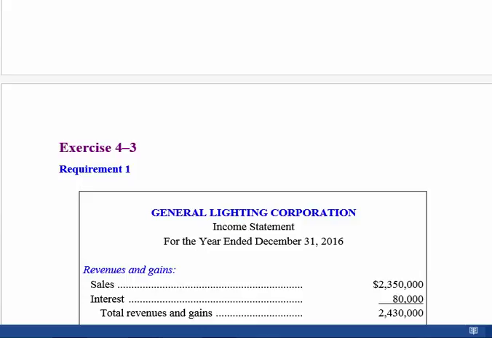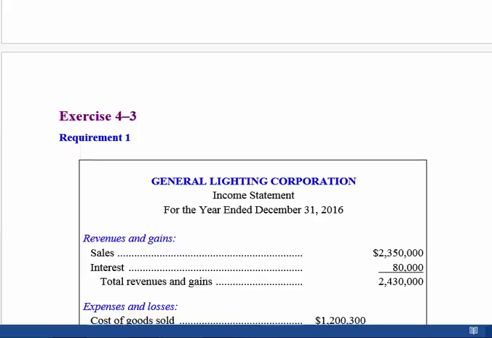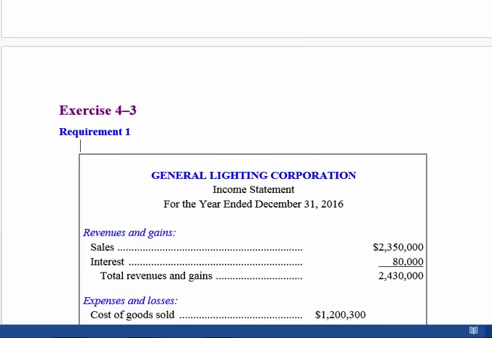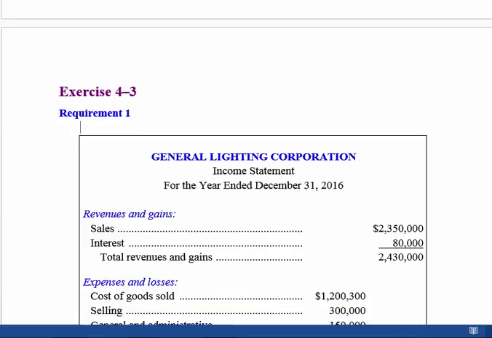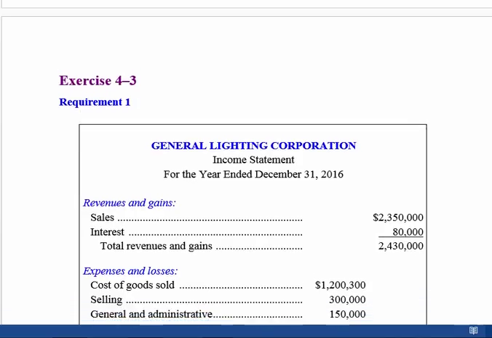Alright, then we'll list expenses and losses. First one there is cost of goods sold. Okay, we'll also list our selling expenses, $300,000. Then we have general and administrative expenses, $150,000.